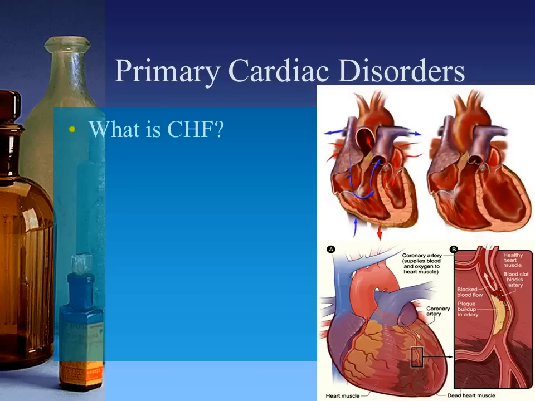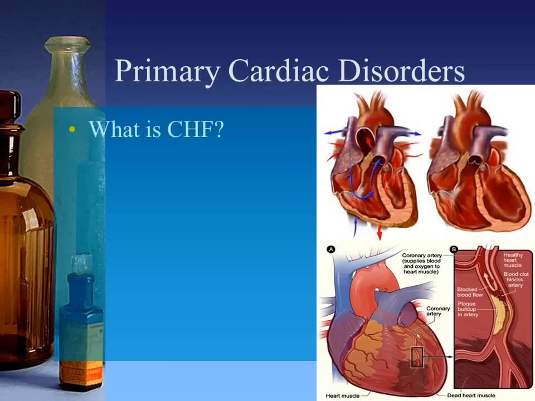There are 2 ways that this acronym is defined. The old method is that of congestive heart failure, and the newer terminology is that of chronic heart failure. Either one would be correct, but chronic heart failure tends to be more of what we're hearing in current medical practice. And in this case, chronic heart failure is the inability of the heart to pump enough blood supply to the tissues and the organs of the body.